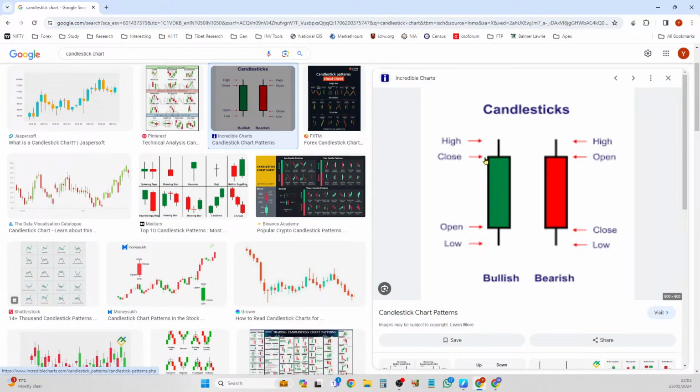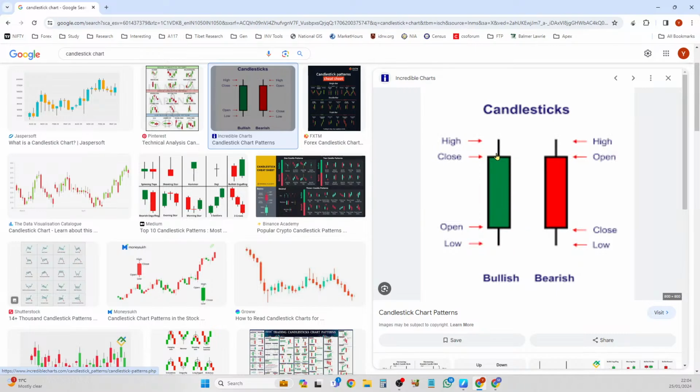So the upper part of this body is the closing price. But between these open and close, the highest price is marked with this upper wick, the high, and the lowest price is marked with a low. So you can understand one candlestick is giving you four data points, the high, low, open, and close.